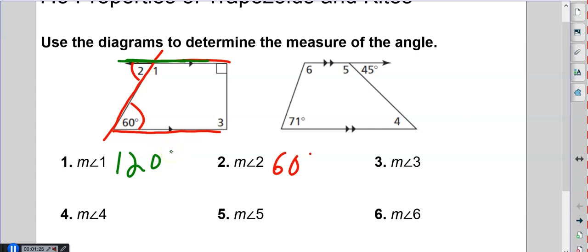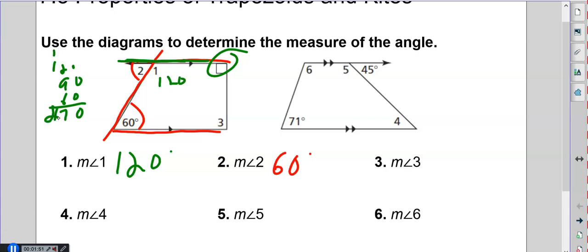All right? Now, if this is 120, well, let's see what we have here. We have 120 plus 90, and we have 60. If we add all those up, we get, sorry, math is hard, carry the 1, 270 degrees.